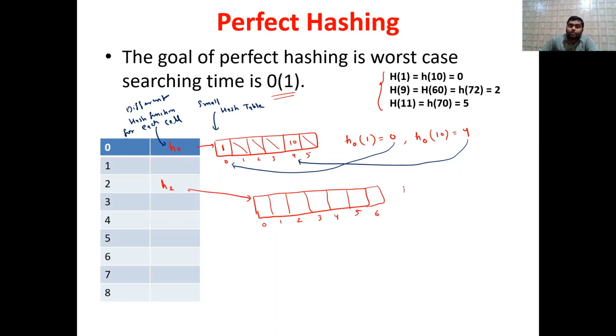When you applied h2 on 9, h2 of 9 may give you 1, so 9 will be at 1. Then you applied h2 on 60, maybe it gave you 4, so 60 is allotted at 4. And you applied h2 on 72, whatever the hash function calculated, it may be anything, say 6. So for example 72 will be stored at 6. Okay, so this is the case.